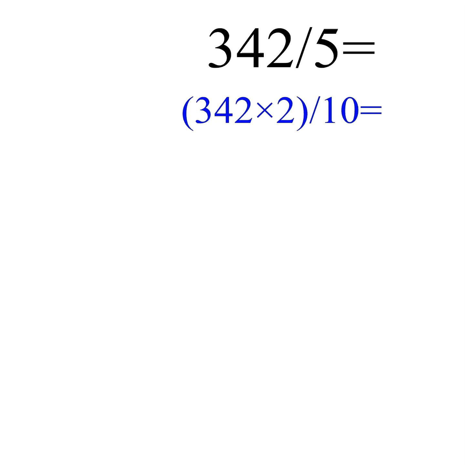And to do that, we just need to double the numerator, or calculate the value of 342 times 2, which is easy, which is 684. And to divide it by 10, we just put a decimal point before the first digit.